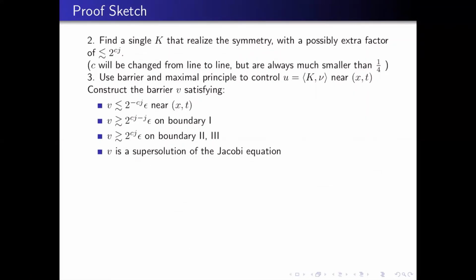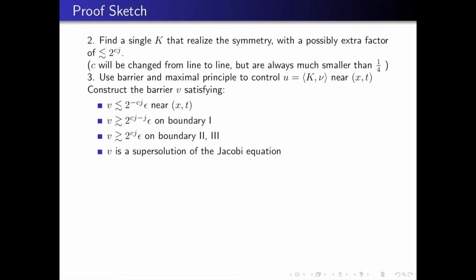So it turns out that we can pay the price of this constant and then use a single vector field to represent all this symmetry. This C will change from line to line, but they are always small and always in between 1 over 10 and 1 over 100. It's very technical, so I don't want to make this constant very concrete whenever not necessary.